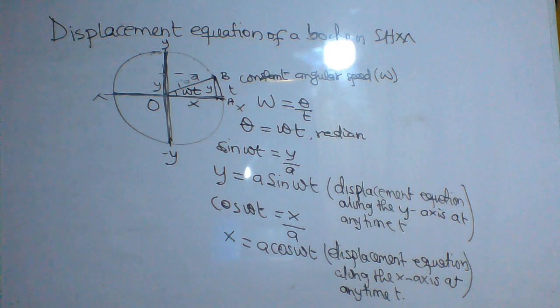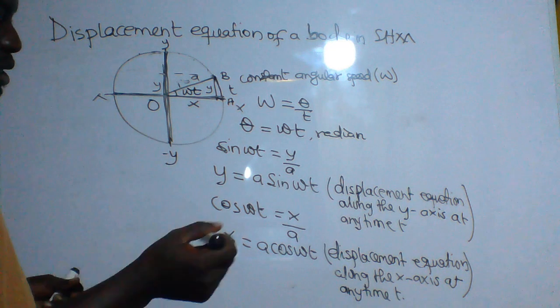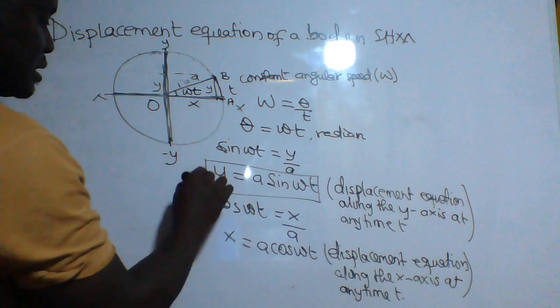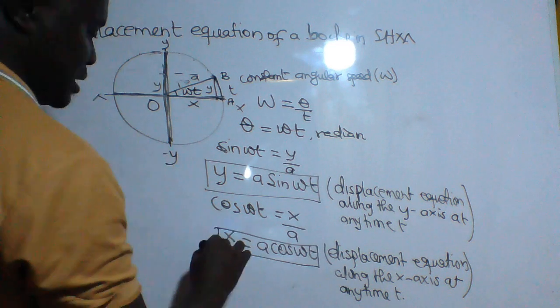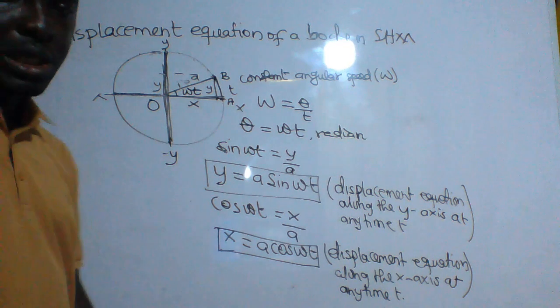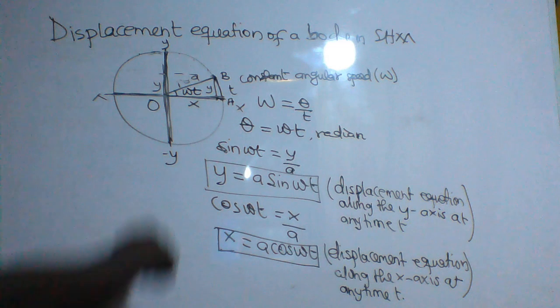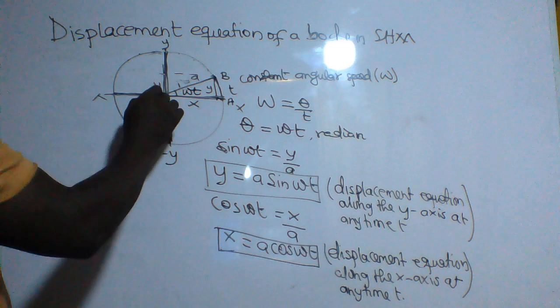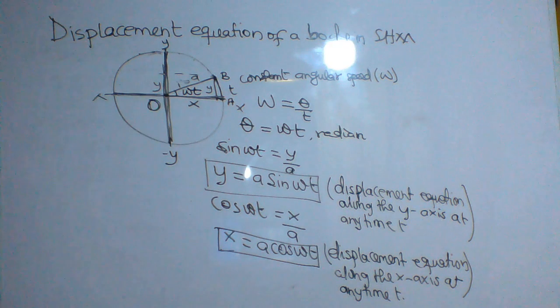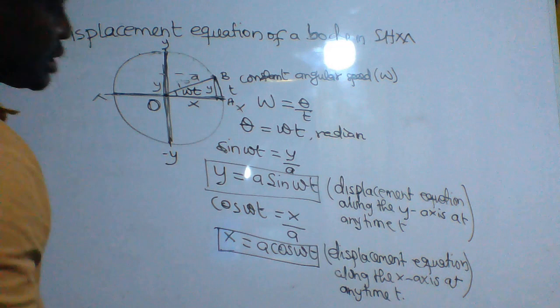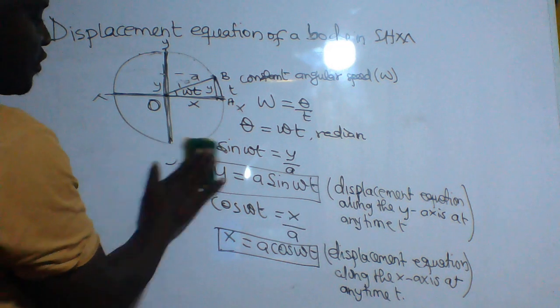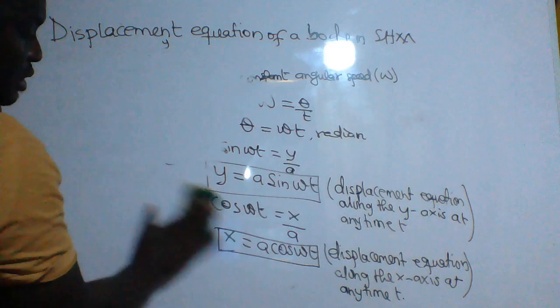When you are asked to determine the displacement of the particle at any time t, either along the y-axis or along the x-axis, this is what you use, around the fixed point O. Alright, so let's quickly look at the velocity function of a body in simple harmonic motion.